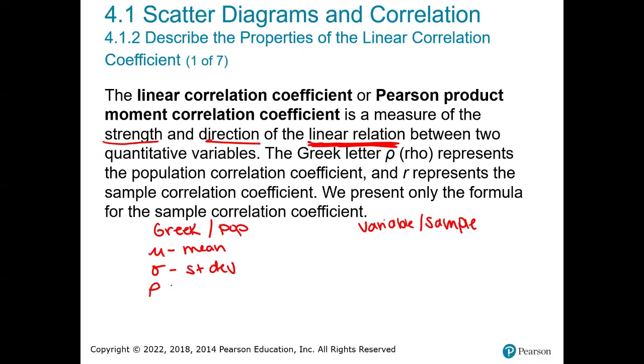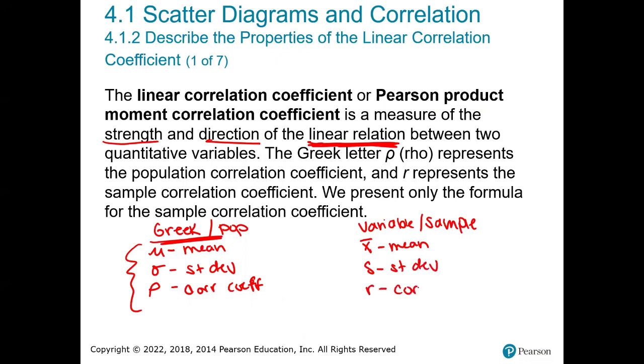And now this Greek letter rho is the correlation coefficient of the population. So anytime you have a Greek symbol, you are talking about a population value. Versus a sample, we had x bar for the mean, we had s for the standard deviation, and we have r for correlation coefficient.